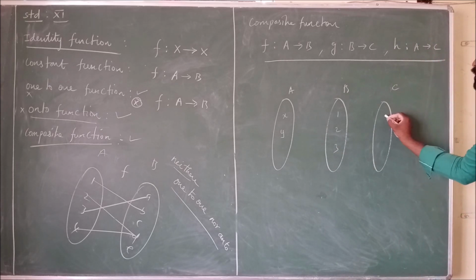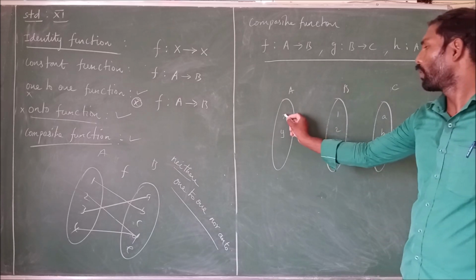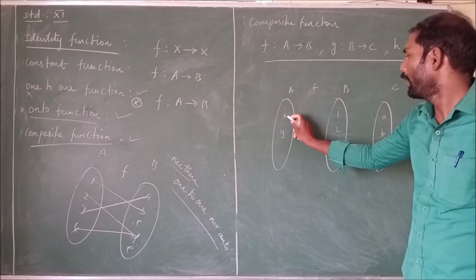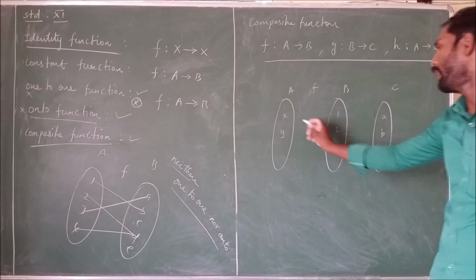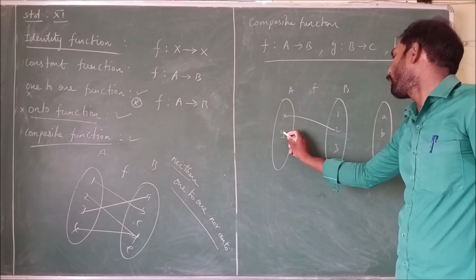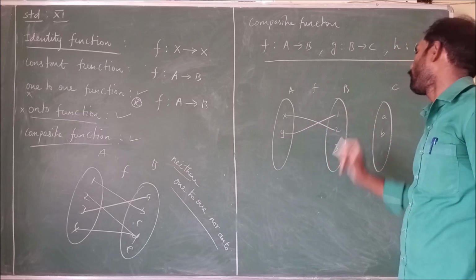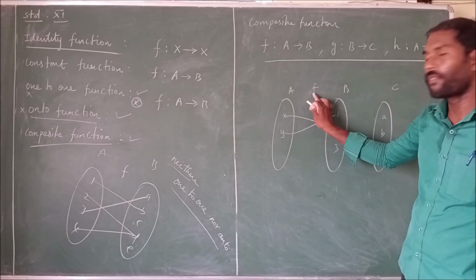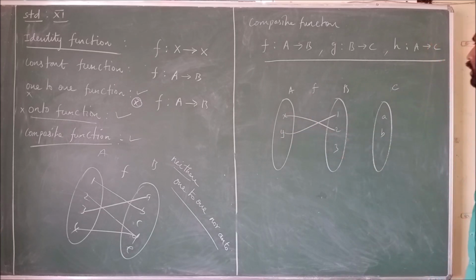C is A, B. F is a function from A to B. So X maps to 2, Y maps to 1. It is clear that F is a function from A to B.